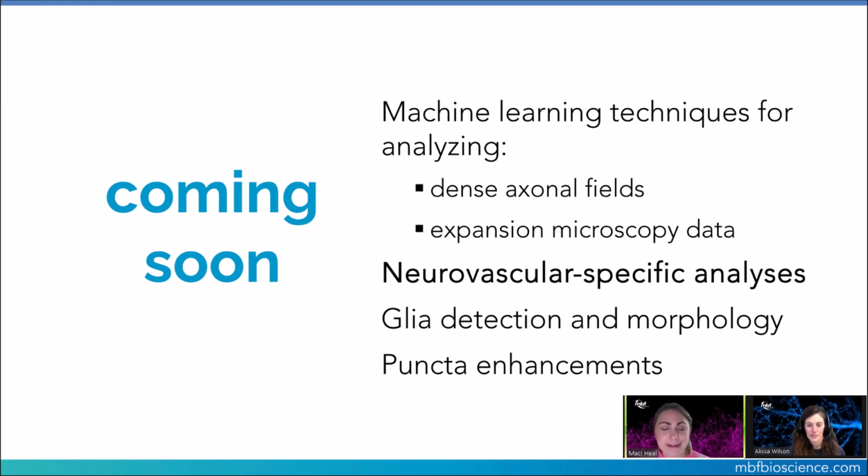We're focused on developing new tools and interfaces for detection of glia, as well as morphological reconstruction of glial cells. And then we're going to be releasing soon some enhancements to our puncta features, which is a really robust set of detection that you can do to do spatial distribution type analysis and colocalization analysis on puncta and cells. So, yeah.